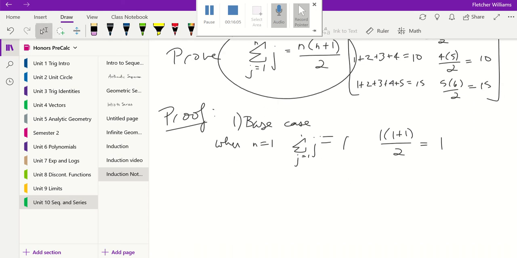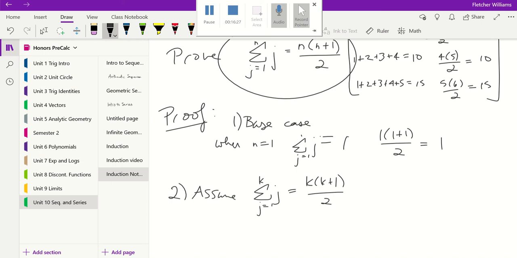Nothing crazy. It's true when n equals 1. Now, the harder part. Assume it's true from 1 to k. So that means that sum would equal k times k plus 1 over 2.